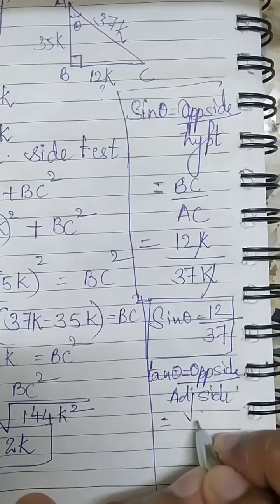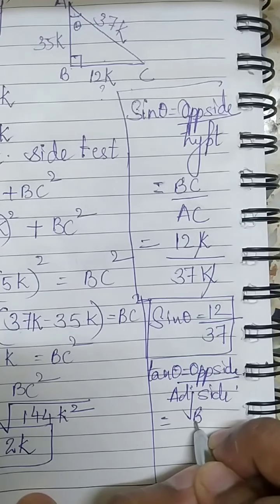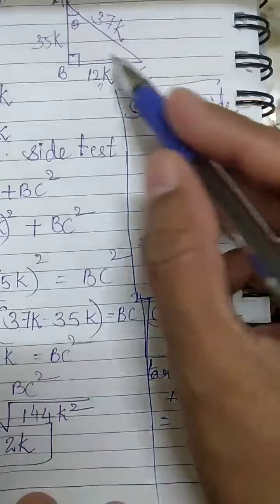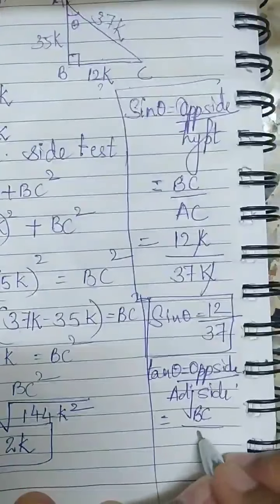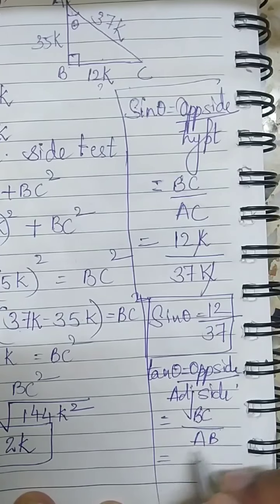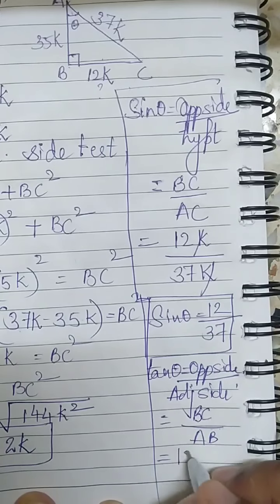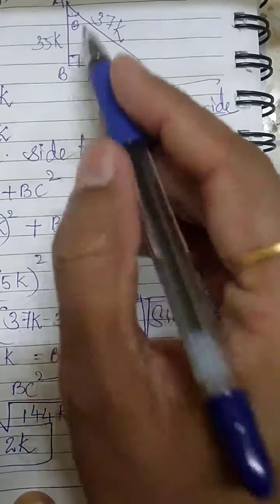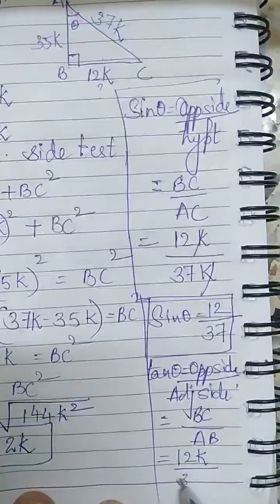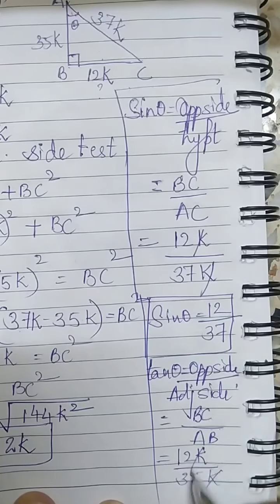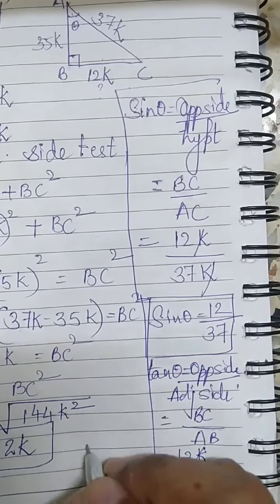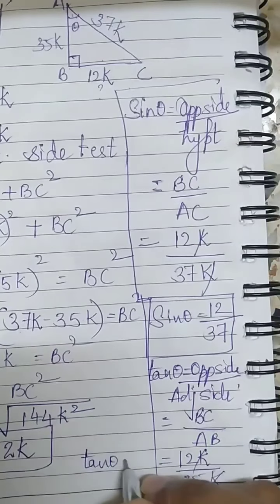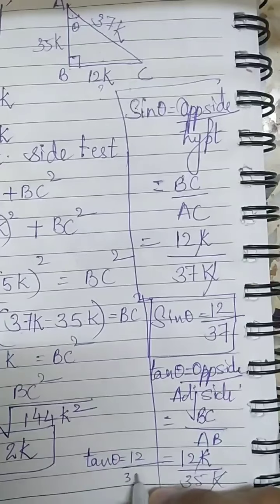BC upon adjacent side AB. Substitute the value. BC is 12k upon AB is 35k. Again k cancels. So you got tan theta is equal to 12 upon 35. Here I'll write tan theta is equal to 12 upon 35.